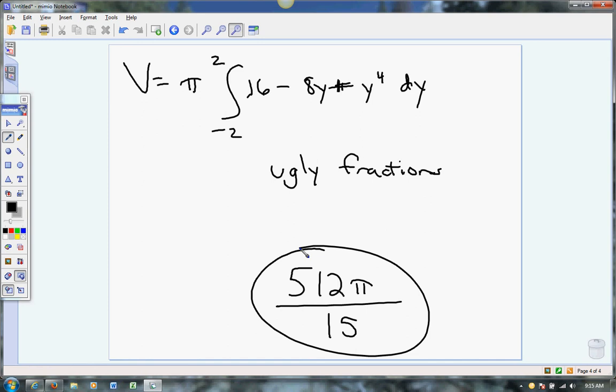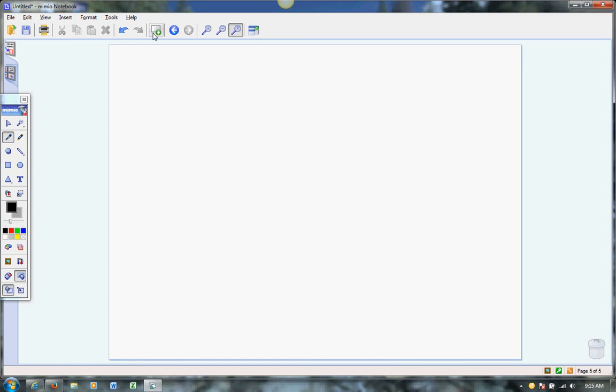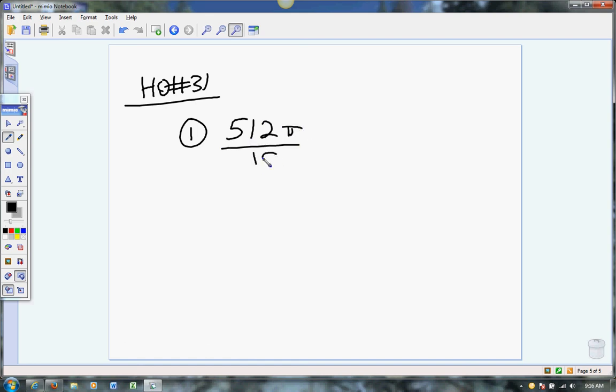And I'm also going to give you a couple of other answers to handout number 31, in case you want to check your work. The answer to number 1 is 512 pi 15ths. The answer to number 2 is a decimal, which sounds to me like you can use your calculator, 27.203.